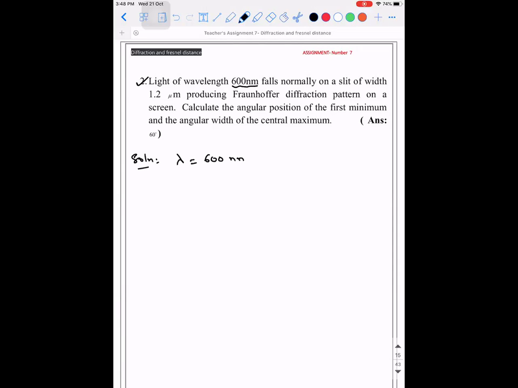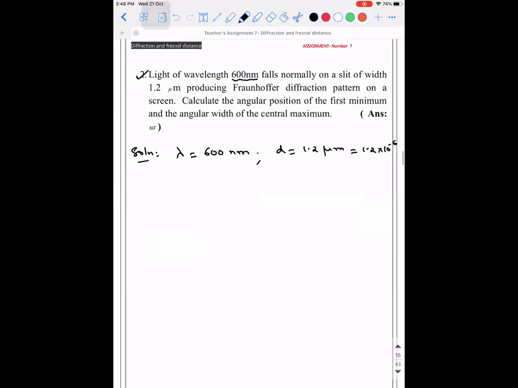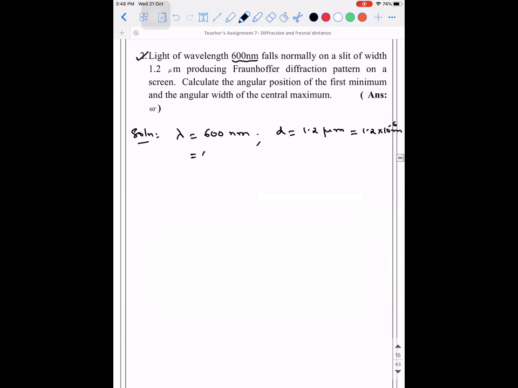Wavelength is 600 nanometer. The width of the slit is 1.2 micrometer, that is 1.2 into 10 power minus 6 meter. Calculate the angular position of the first minimum. The condition for first minimum is d sine theta is equal to lambda, which implies sine theta is equal to lambda divided by d.